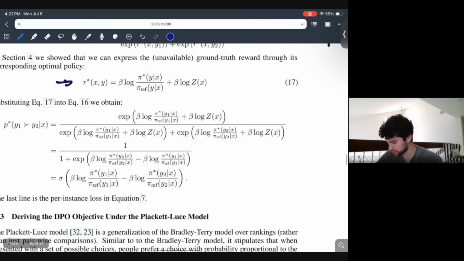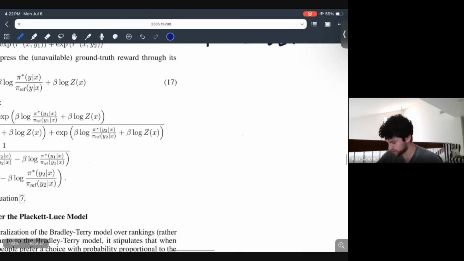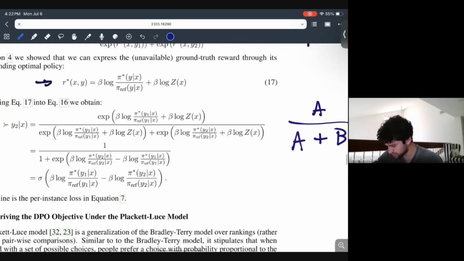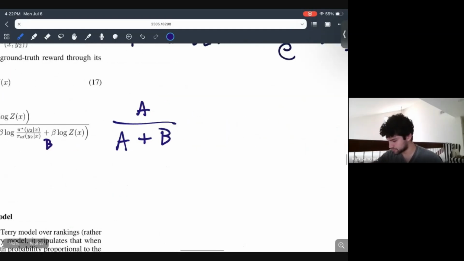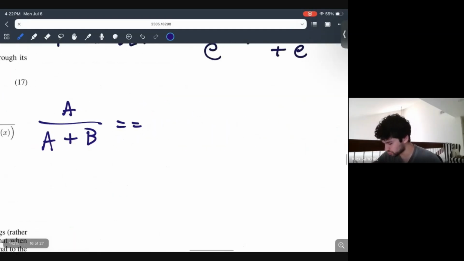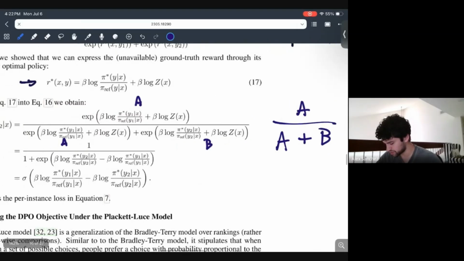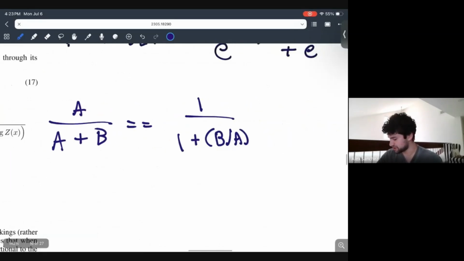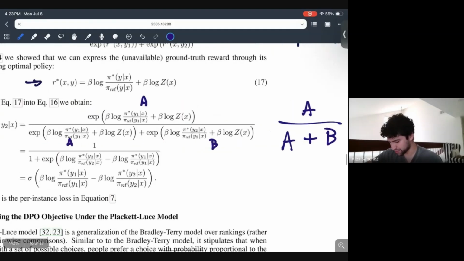And so what we end up with here is A over A plus B. Realize this is A, this is A, this is B. That ends up being equivalent to 1 over 1 plus B divided by A. And B divided by A, in this case, you know with the logs how that ends up being. And so that's why we have the subtraction here.